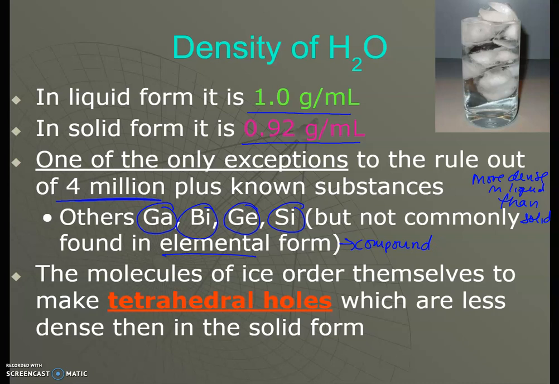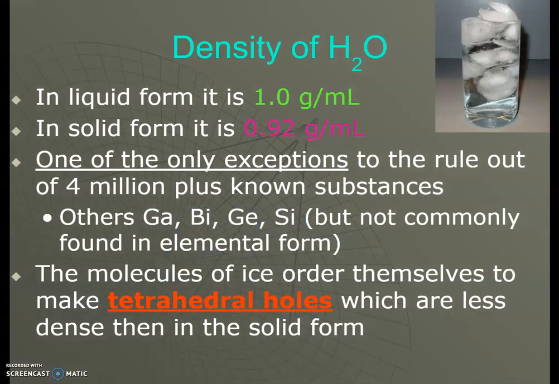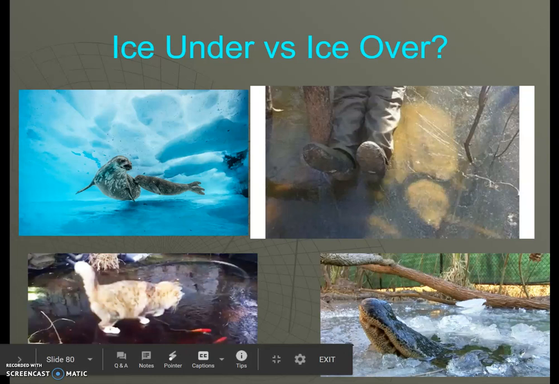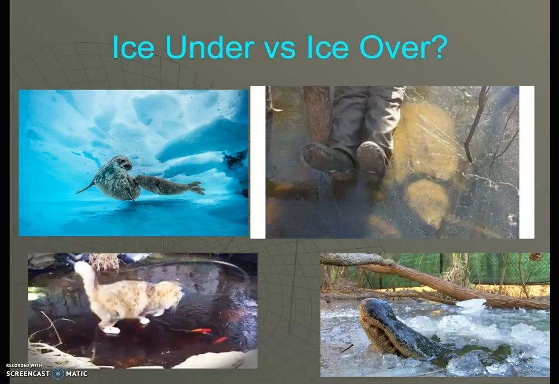So you're like, what is the big deal? Well, when it steps into formation, it makes those tetrahedral holes, which is basically like this empty space that is going to make all of this expand. And when that happens, okay, what happens to nature?